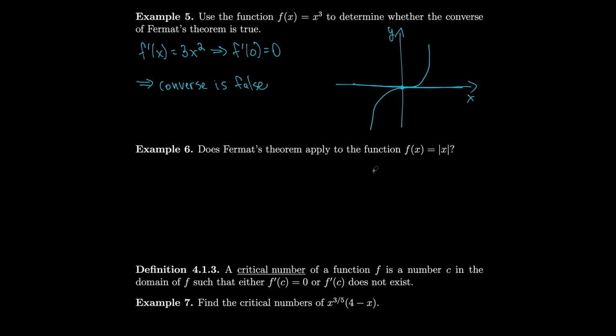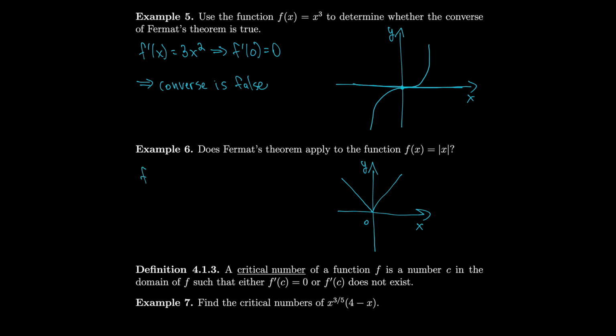Here, if we were to graph it, remember that it looks something like this. This sharp point right over there prevents the function from being differentiable at 0. We did an example in section 2.8 where we showed that the function is definitely not differentiable at 0.